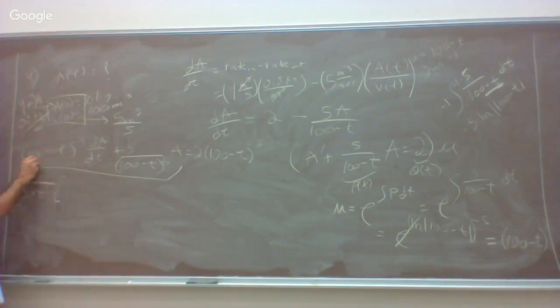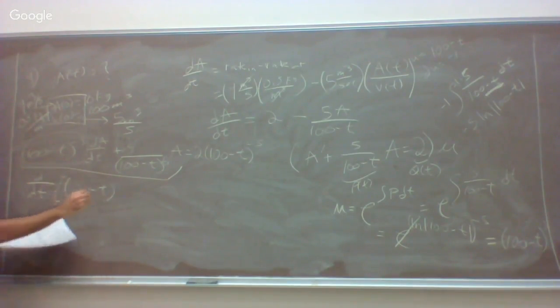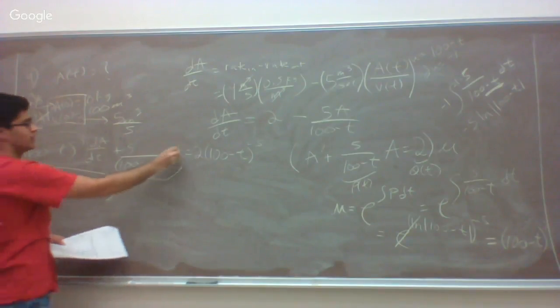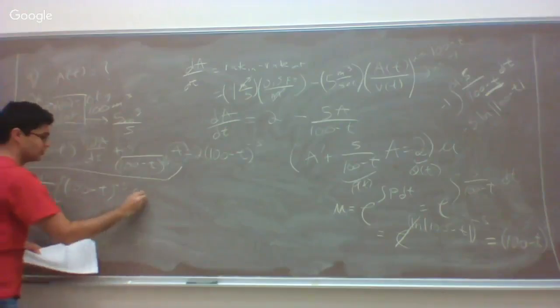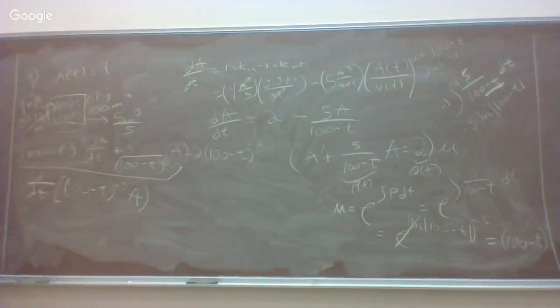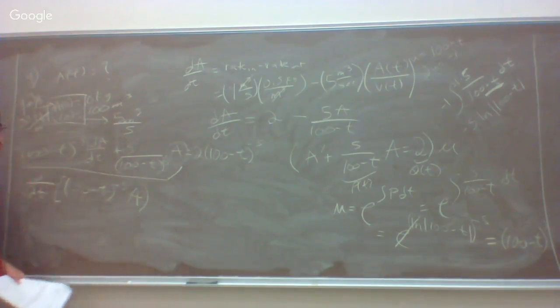We take what's in front of here, so 100 minus t to the negative 5, and then we take the variable here, so A. So most of the time it is just as simple as this. You take the first part of this portion and the second part, the variable there. But you should always double check that you did it correctly.